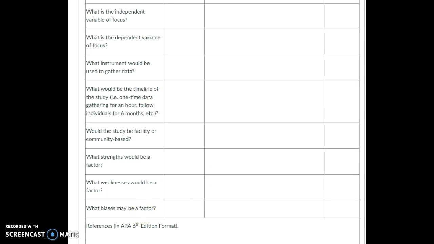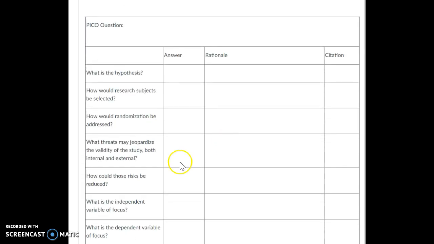And so in these, for each one, you need to make sure that you give your answer. The answer portion is often just a simple word or two. Then in the rationale, that's where you can explain some. So let's say that you were doing a study on a very specific population that may not necessarily be the easiest to find. So let's say that you were doing it on survivors of breast cancer, but you didn't necessarily go through the medical records.